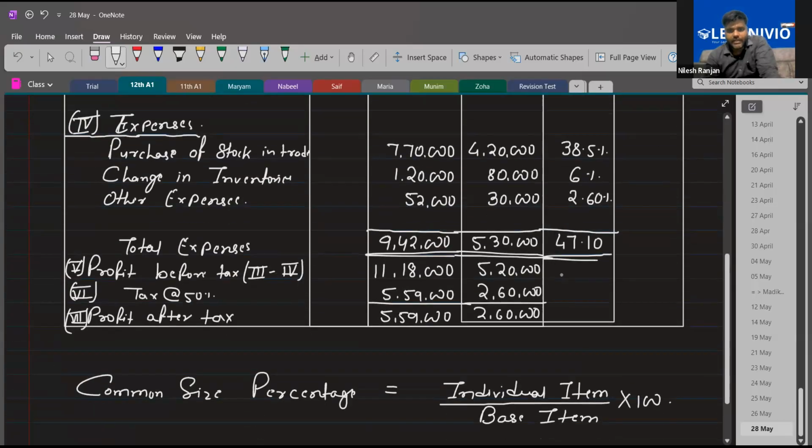Then 11 lakh 18,000 divided by 20 lakh, it will be 55.90%. Then 559, it will be like 22.